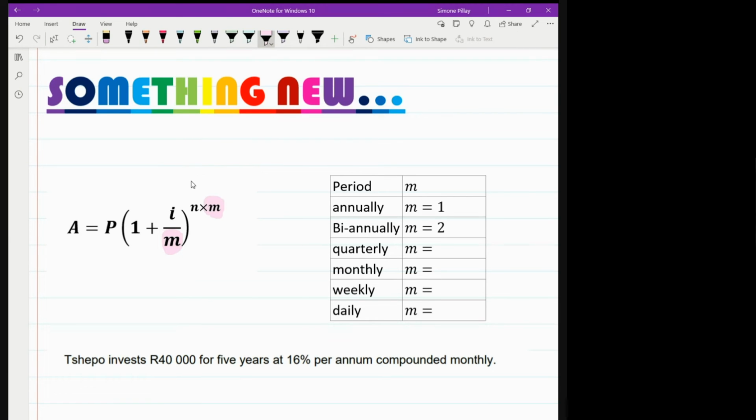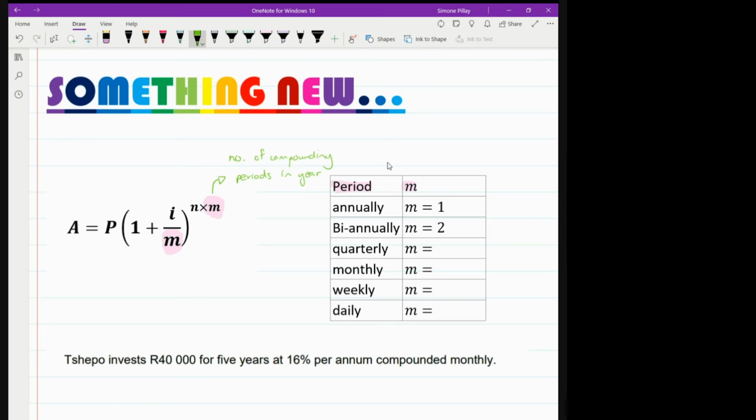Okay, now what is my m? My m basically tells me about my compounding periods. So my m tells me the number of compounding periods in 1 year. Firstly, let's talk about what I mean by compounding period.